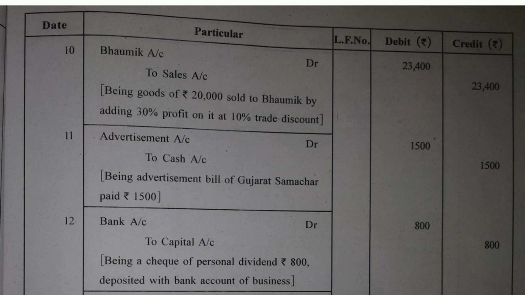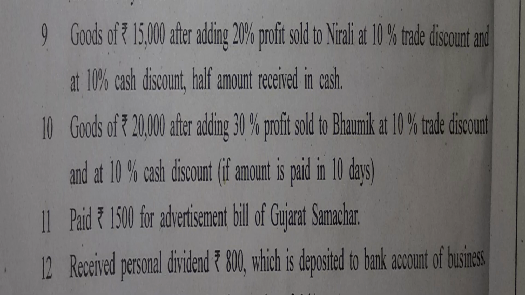Alright? Fine. The next one, it says paid rupees 1,500 for advertisement bill of Gujarat Samachar. Rupees 1,500 has been paid for advertisement bill of Gujarat Samachar. The word paid indicates that the transaction is a cash transaction, and the word paid says that cash goes out. So credit what goes out. So cash account will be credited with no doubt, and advertisement bill is an expense.